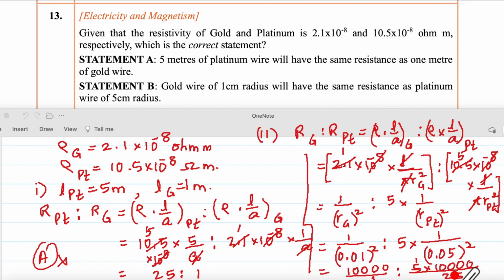So this is 5 ones and 5 fives. This 10,000 got cancelled. So what am I getting? I'm getting here as 1 is to 1 upon 5. If they say that they have the same resistance, then I should have got 1 is to 1 ratio. So both statement A and statement B is wrong.